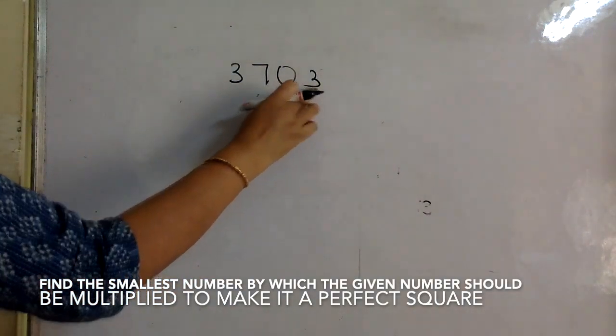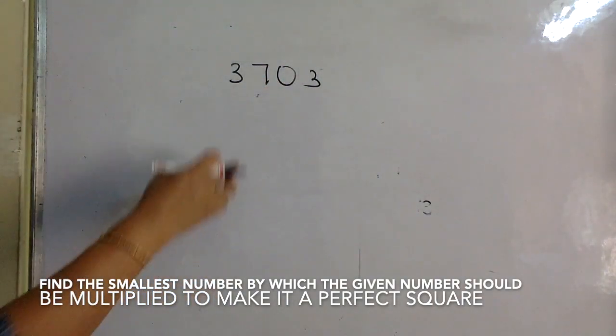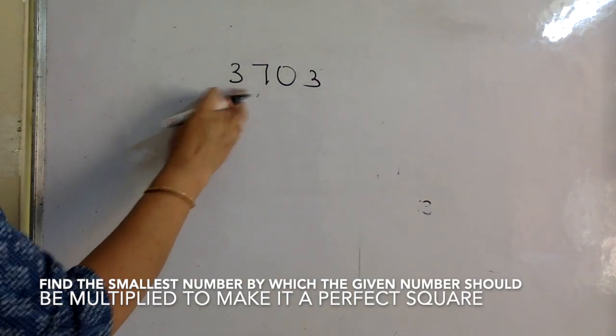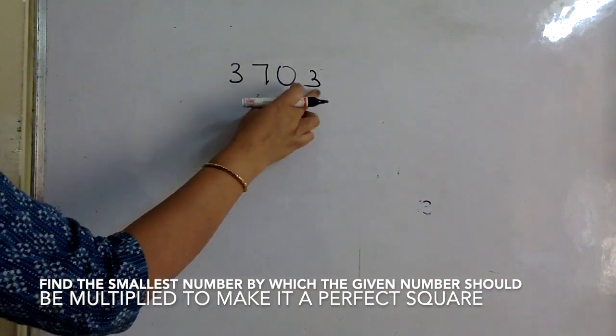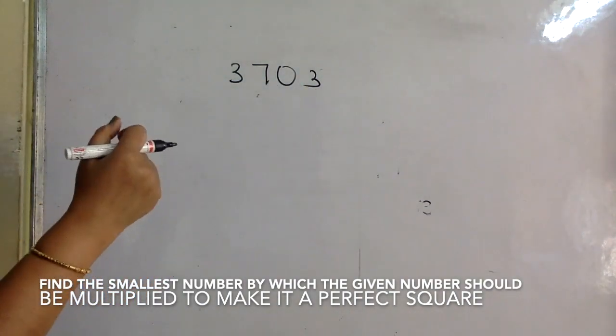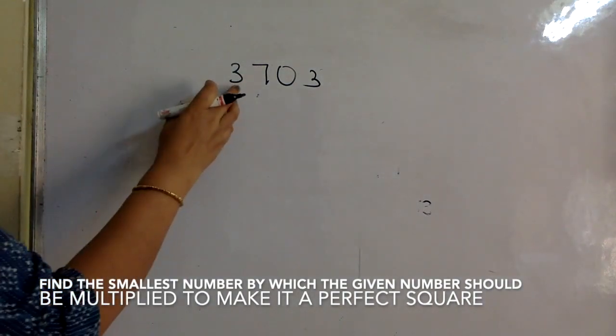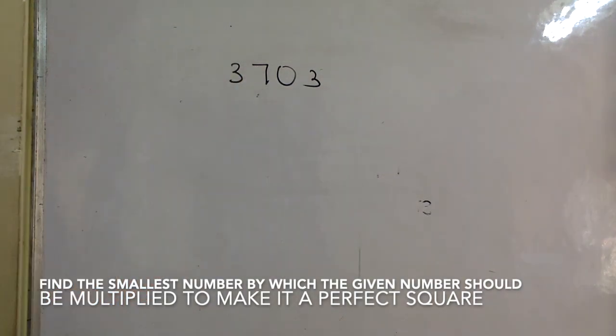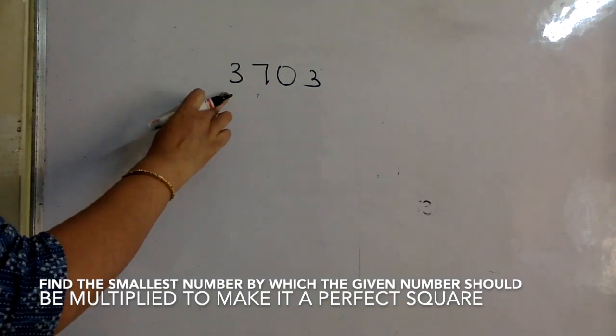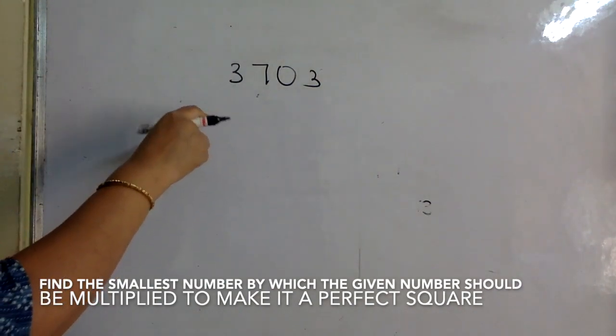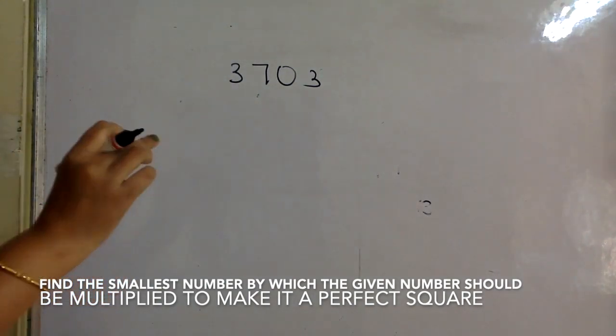Now here we note that it's not going by 2. So what to do? Next, 3703. Let's try with a 7. It is not even going with 3, because I checked with the test of divisibility of 3.